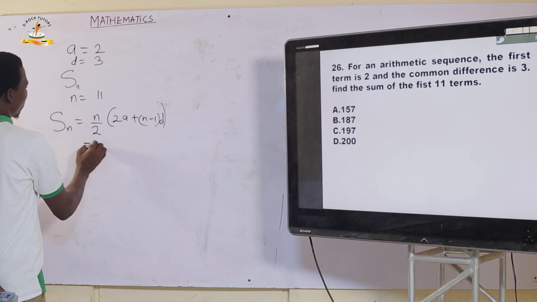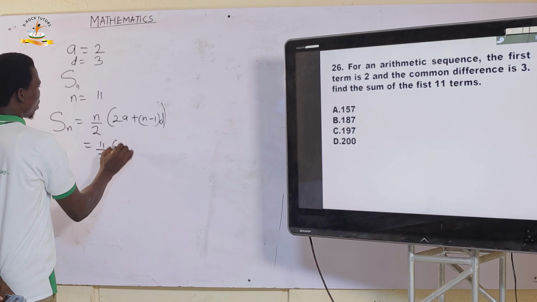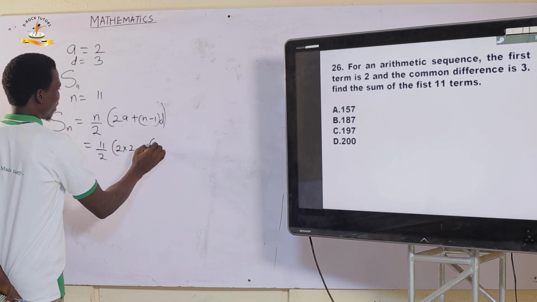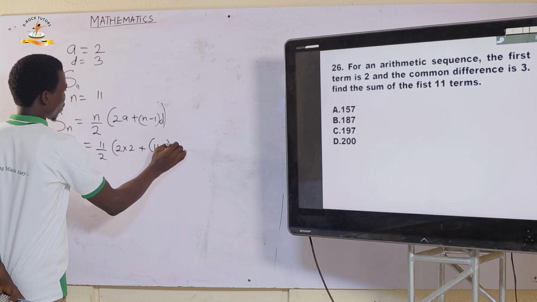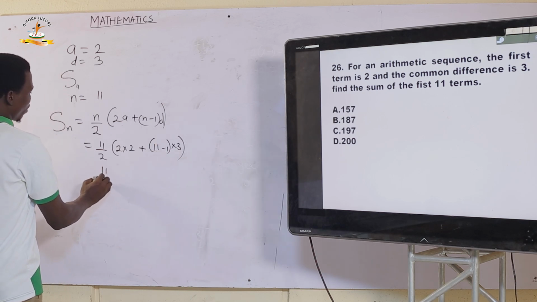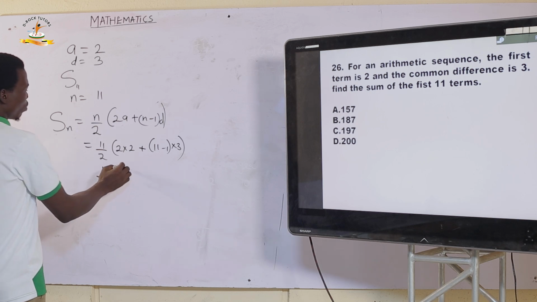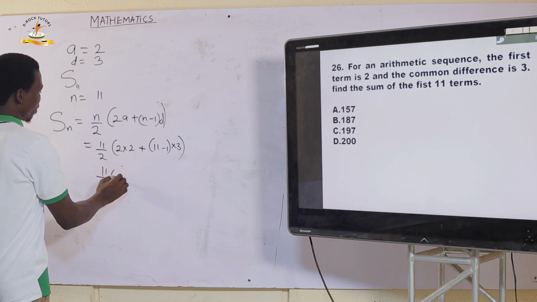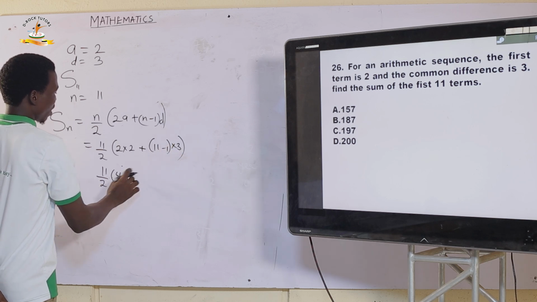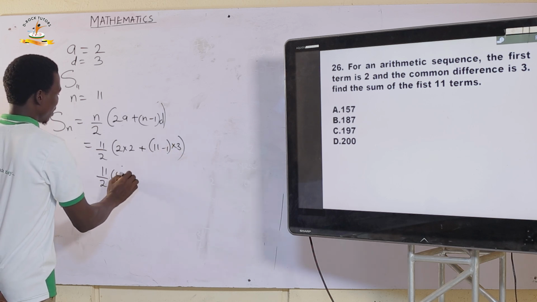So we're going to have 11 by 2 into bracket 2 multiplied by 2 plus 11 minus 1 multiplied by 3, we close the bracket. It is going to be 11 by 2, open bracket 4 plus, this becomes 10 times 3, and that is simply 30.